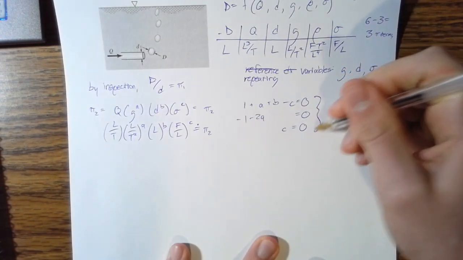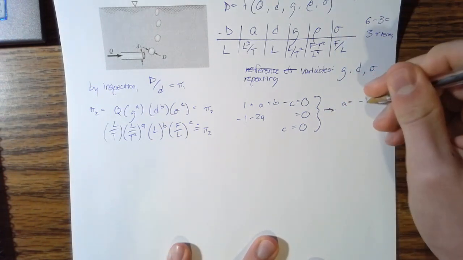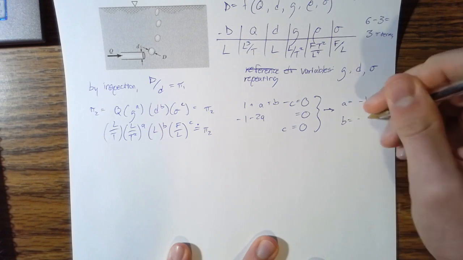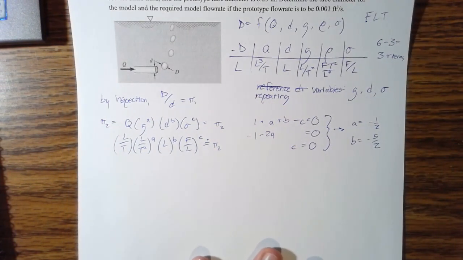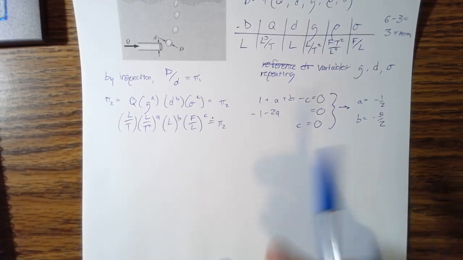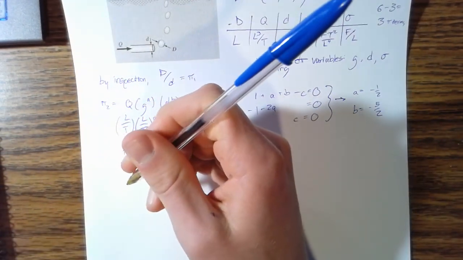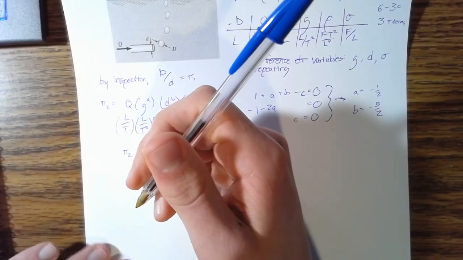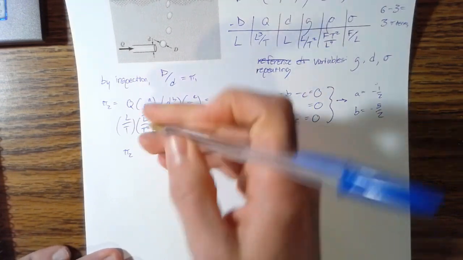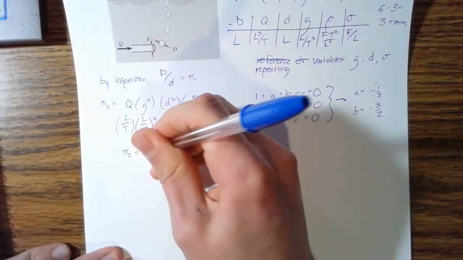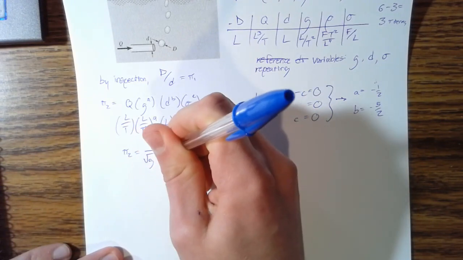So we get a is equal to -1/2, b is equal to -5/2. Anyway, plugging in each of our exponents for our dimensions, we get q over square root of g times d to the 5/2.